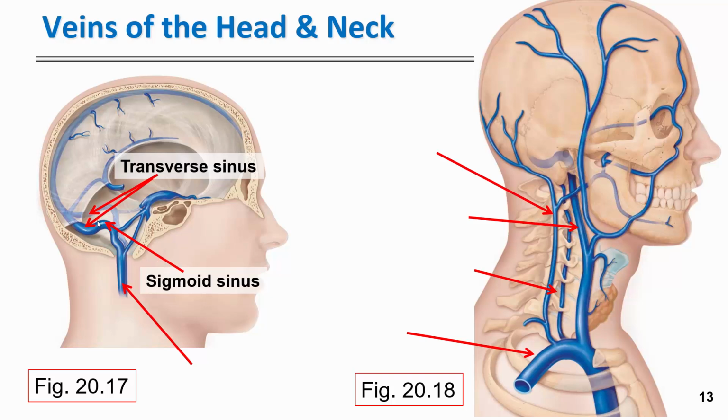So we have this fairly tight turn in this vein that is draining from the tissues of the brain. Then that blood will collect and drain into the internal jugular vein, and this flow is headed in an inferior direction.